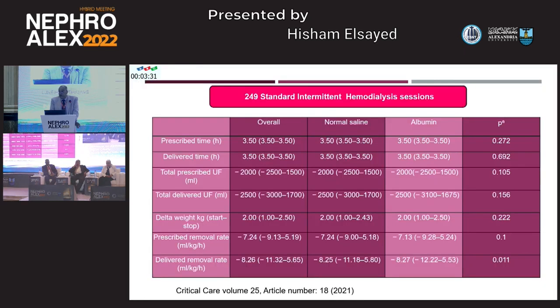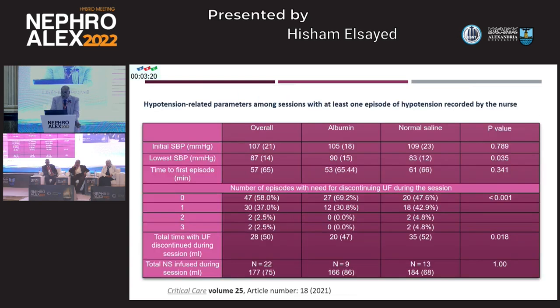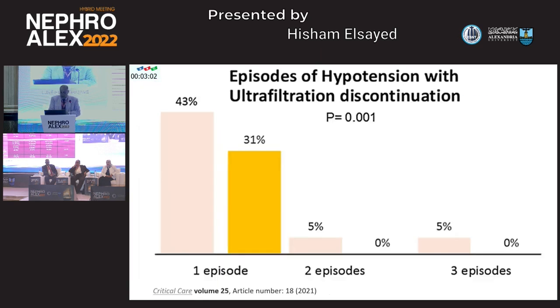Comparing IV albumin infusion with normal saline, most of the studies did not show significant improvement. You can find in these studies, as well as many others, conflicting results between partial improvement and no improvement. The number of episodes needing discontinuation of ultrafiltration during a dialysis session was examined with IV albumin, provided that the serum albumin is below 3.